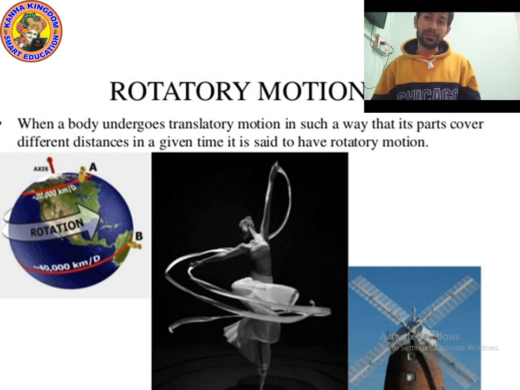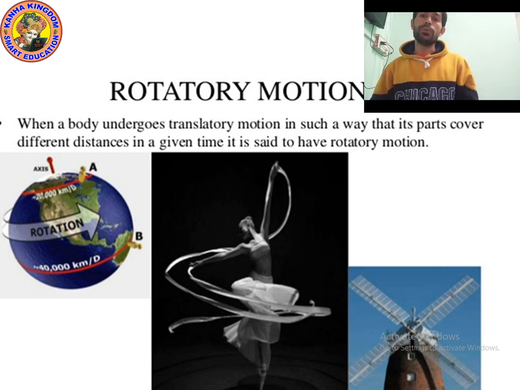Earth does the revolution. But for your kind information, earth not only does the revolution, it also does the rotatory motion, meaning it rotates around its axis. If something is rotating around its fixed axis, then it is known as rotatory motion.